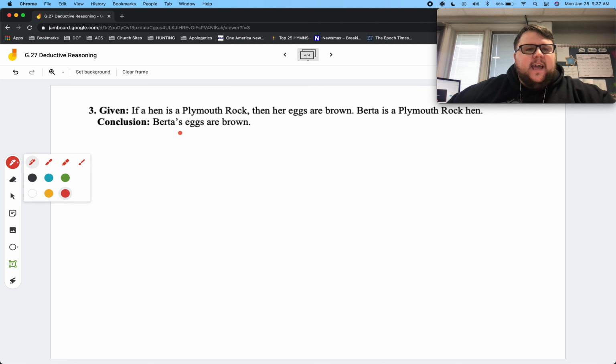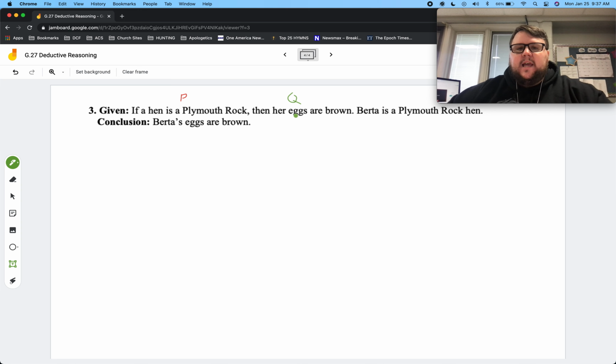So if a hen is a Plymouth Rock, which is a type of hen. All right. So if a hen is a Plymouth Rock, that's our P, then her eggs are brown. That's a Q. So this is saying the Plymouth Rock hen lays brown eggs. Berta is a Plymouth Rock hen. So Berta being a Plymouth Rock hen, that's saying that it's a P. So P is true.